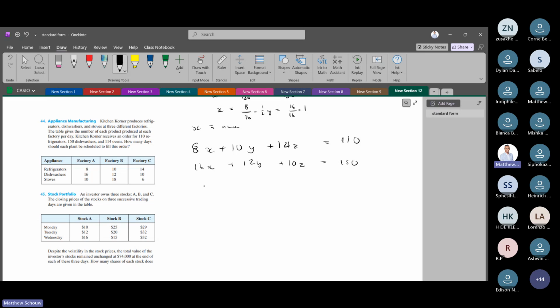We'll do the same thing for the stove, which will be 10x plus 18y plus 6z equals 114. And once we find these answers, we're able to establish how much each plant should produce each day to meet the order.